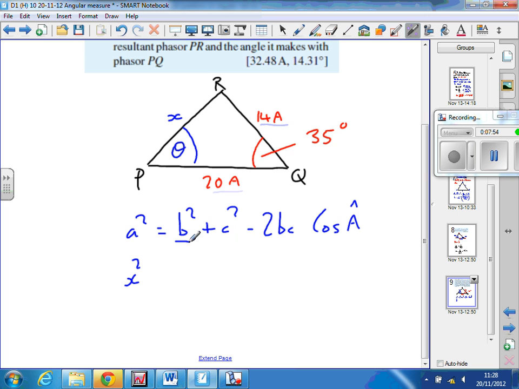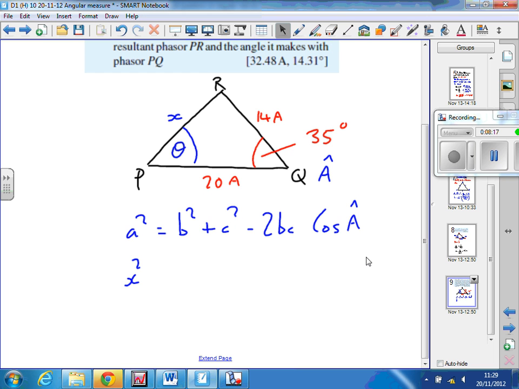It's going to be the other two sides squared and then added together, minus 2 times the other two sides times the cosine, and the angle here is always the angle opposite the one we're after. So this is angle A here, because it's opposite the side we're after.